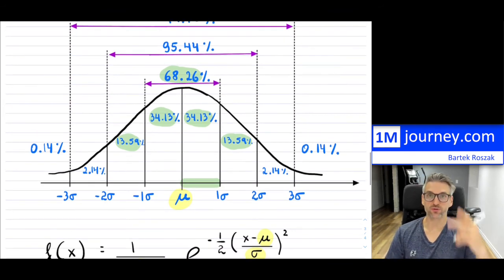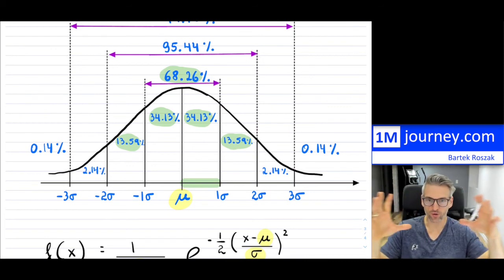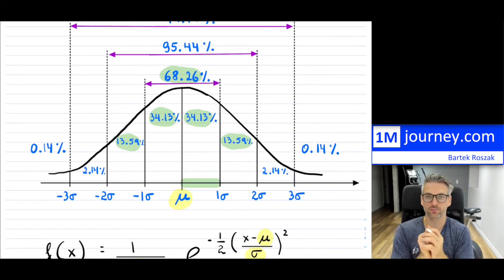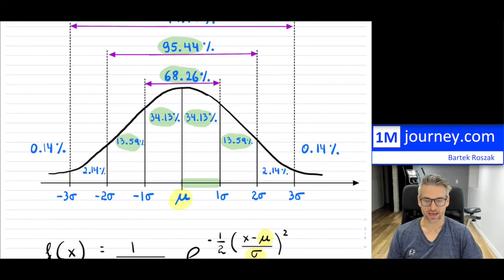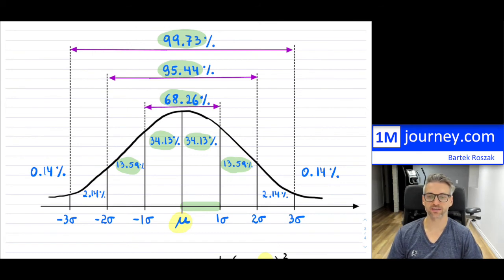So what's the probability that you will fall within 2 standard deviations around your mean? It's literally 95%. And within 3 standard deviations, notice you're almost 99.7%.